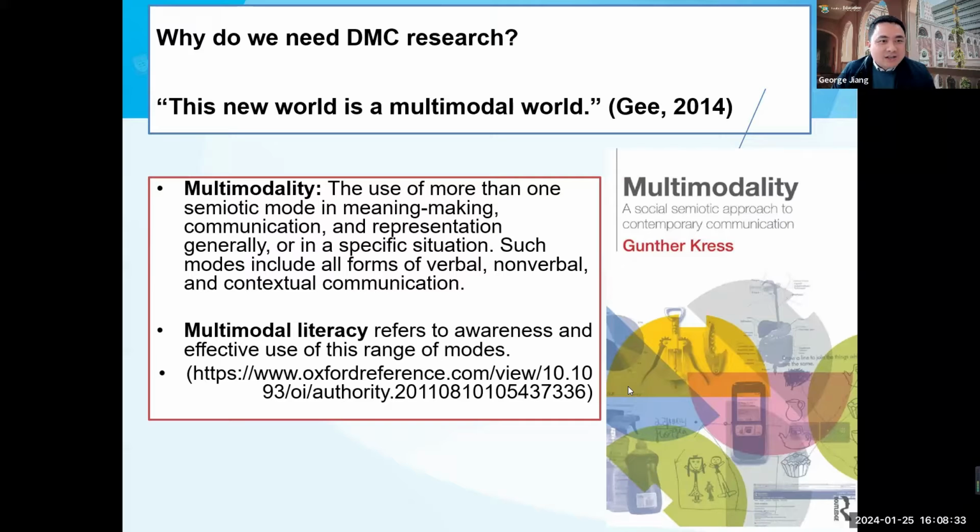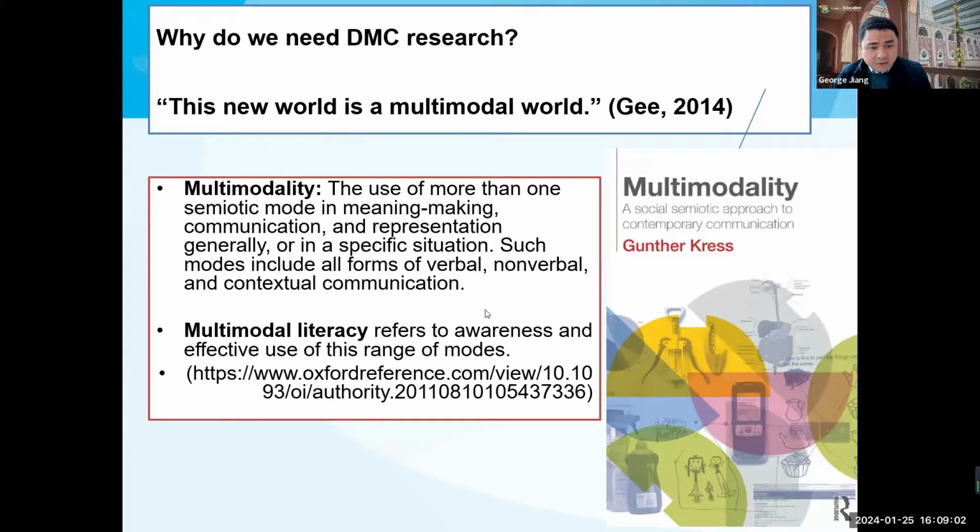After the definition, I would like to talk a bit about why we need DMC research. Theoretically, this is grounded in multimodality and social semiotic studies. Here I reference James Gee, a key member of the New London Group, who remarks on the main feature of the contemporary world as a multimodal world.